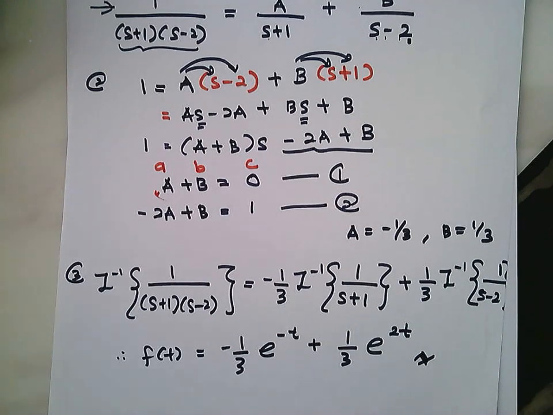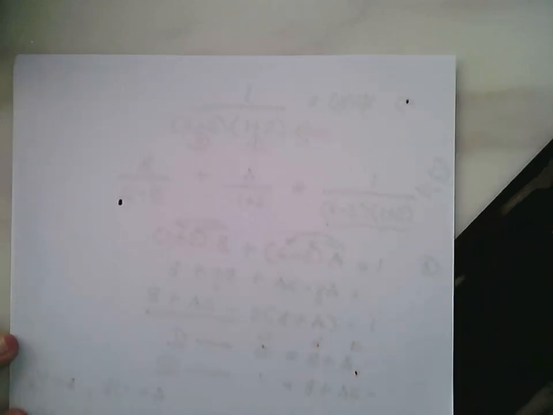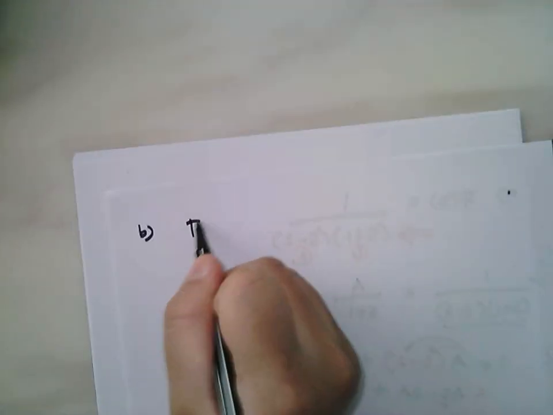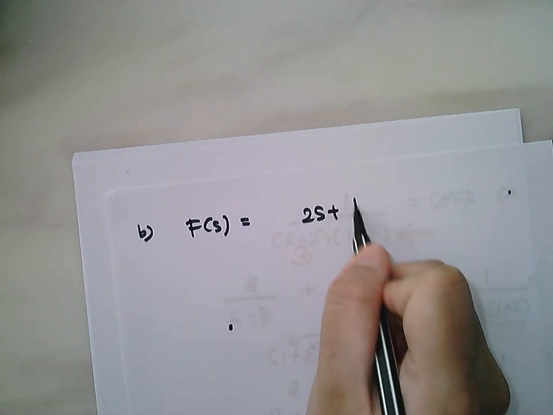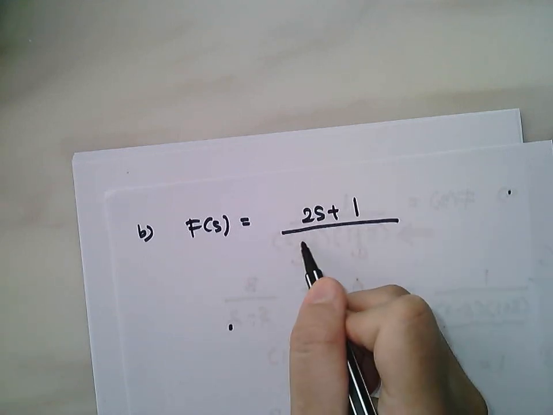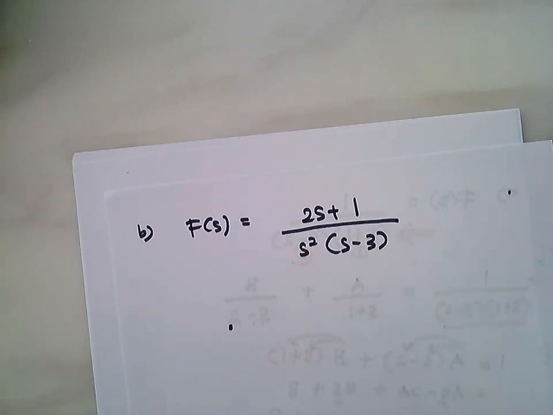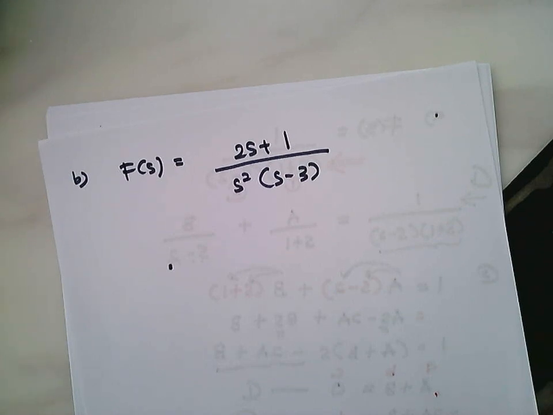So let's just try the second example. Let's say you have your F(s) is equal to 2s plus 1 over s squared, s minus 3. Okay, so take a look at the denominator part.